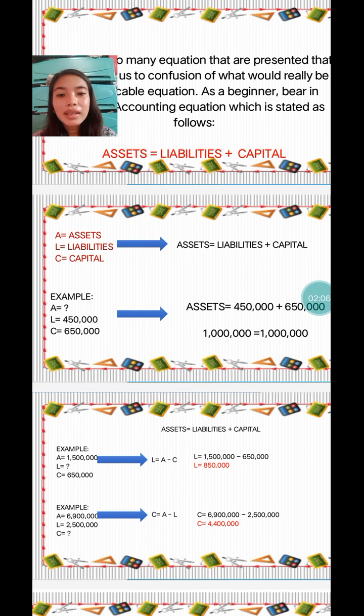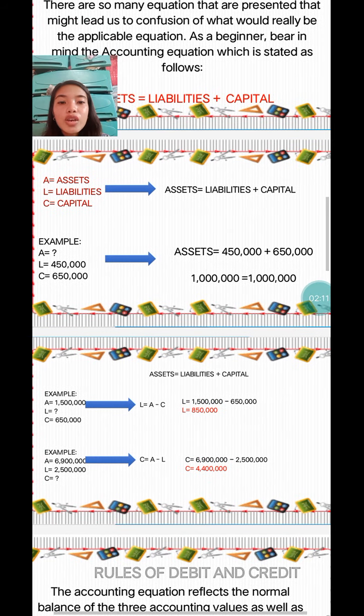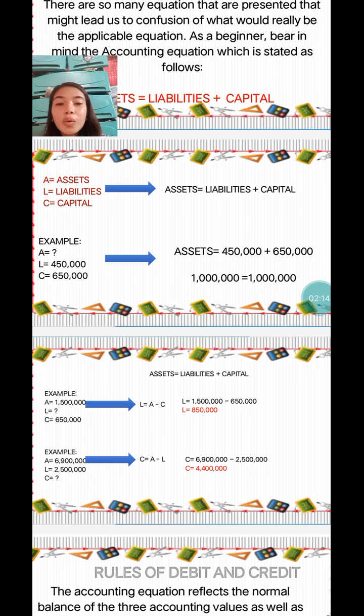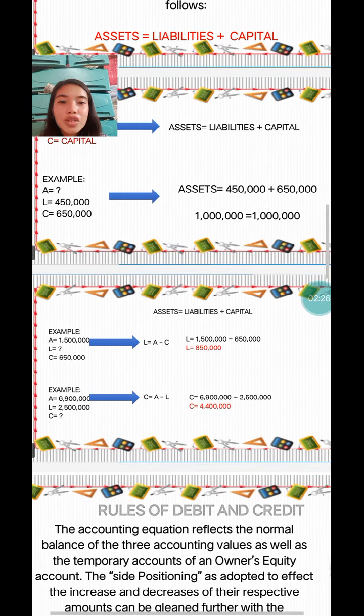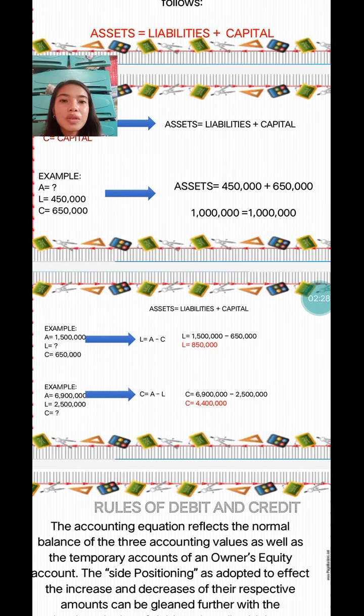So we need to find what the assets are. In a simple equation, we can use assets is equal to liabilities plus capital. Now we need to add liabilities plus capital. In result, the assets is 1 million, because the equation that we use here is addition, which is 450,000, the liabilities, plus capital 650,000, is equal to 1 million. That is the formula in finding assets.